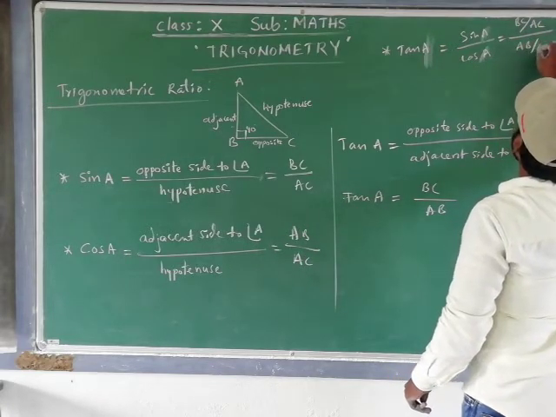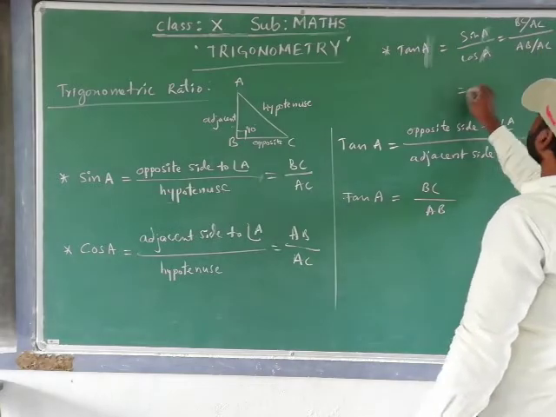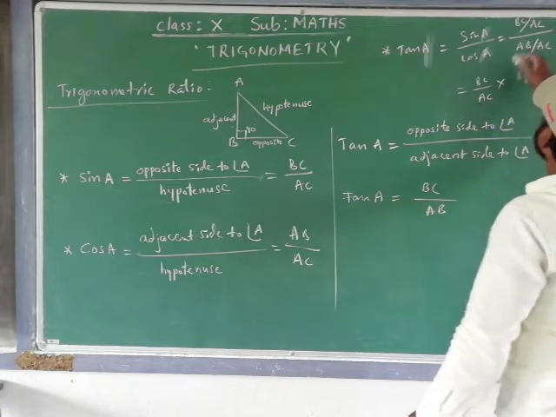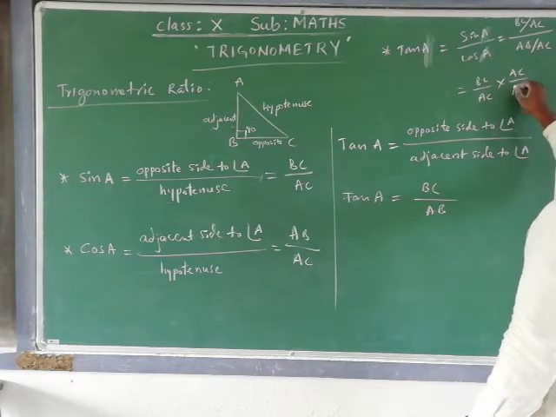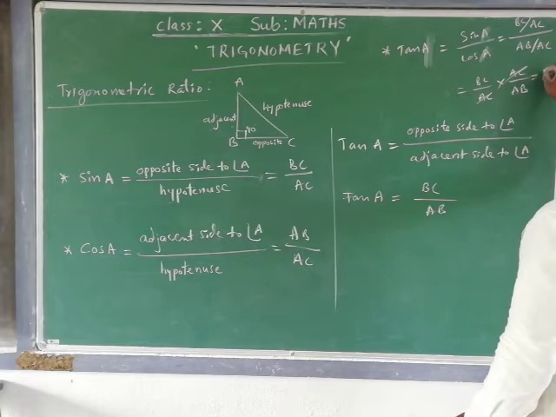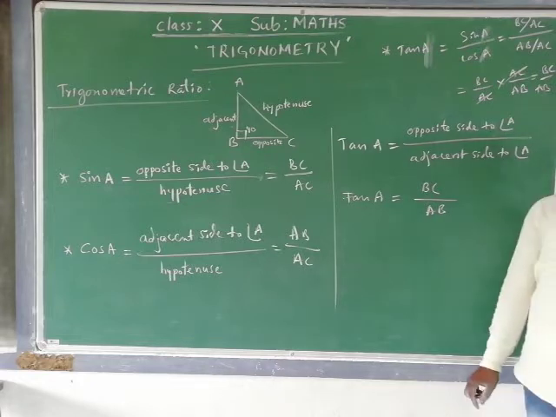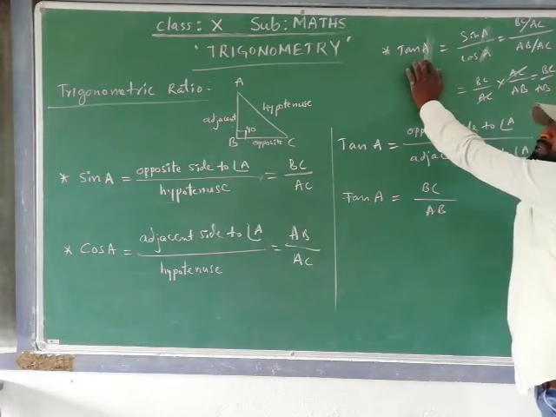A fraction under a fraction: the numerator stays as it is, and the denominator fraction becomes its reciprocal, AC by AB. AC cancels, and we get BC by AB. Clear?